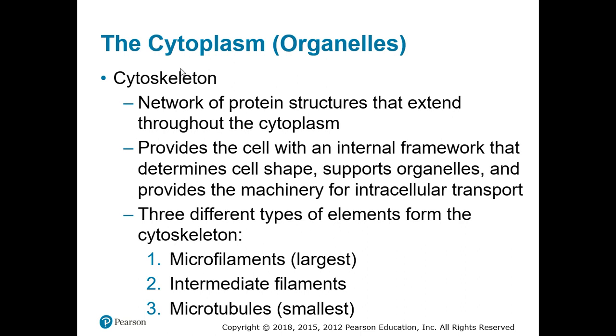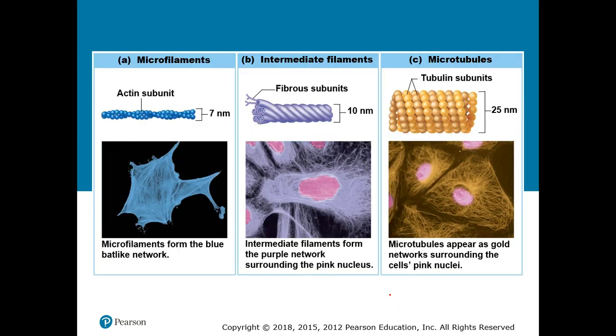There are the microfilaments, which are, I have this backwards. The microfilaments are the smallest. You have intermediate filaments, and then your microtubules, which are your largest. So again, you have microfilaments, which are pretty small, and you have microtubules, which are generally pretty big.